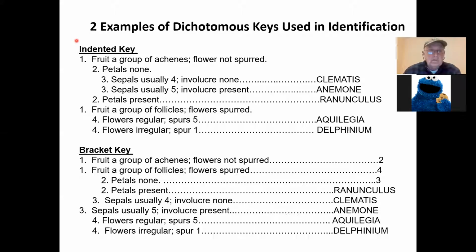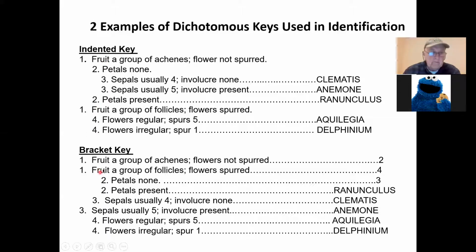But before I leave this dichotomous key concept, I don't talk about it in here anywhere else, but there is a concept of keying involving a polyclave key, and Steve's got a copy of the polyclave key I wrote. It's a polyclave key you can enter at any part of it. For example, with this dichotomous key, let's say you're looking at a plant, but you don't have any fruit.